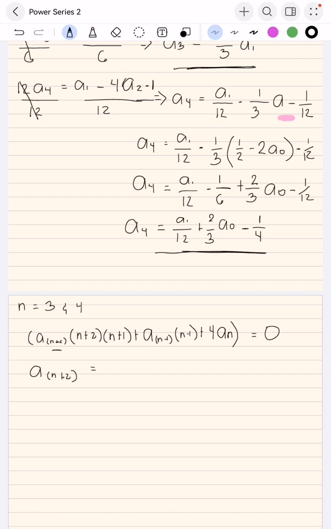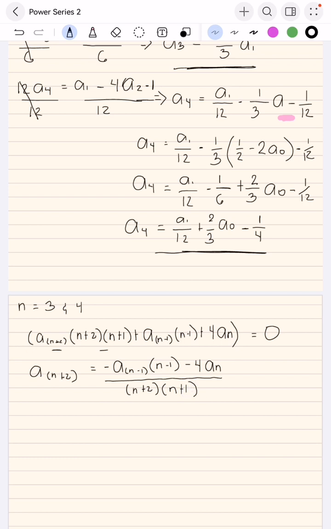Have this negative a n minus 1 and minus 1 then minus 4 a n over this one, so n plus 2 and n plus 1.